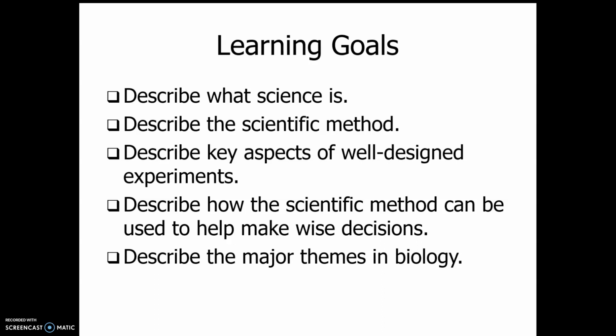So this chapter goes over how to study science using the scientific method. I'm just going to summarize the steps of the scientific method, which is what this chapter is all about.